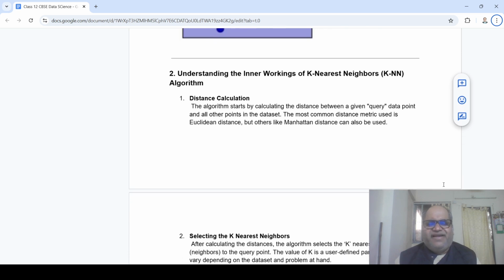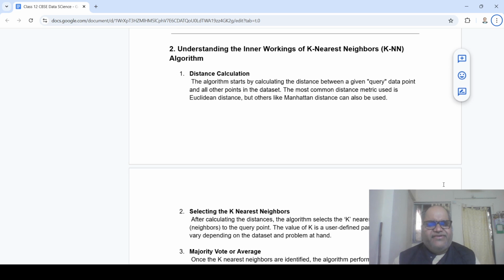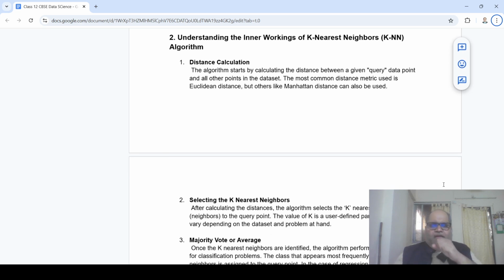We'll spend some time seeing how this K nearest neighbor works. Whenever you are trying to make a decision about a new data point, you can have a distance metric appropriate for the kind of data set that you have. For the sake of simplicity, let us assume that all your data points are numeric in nature.